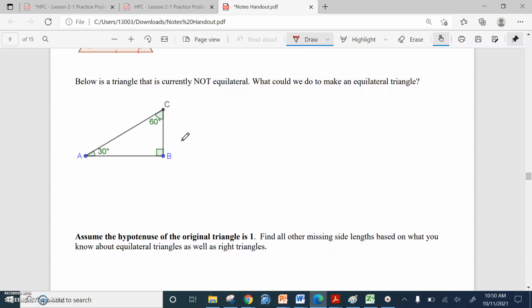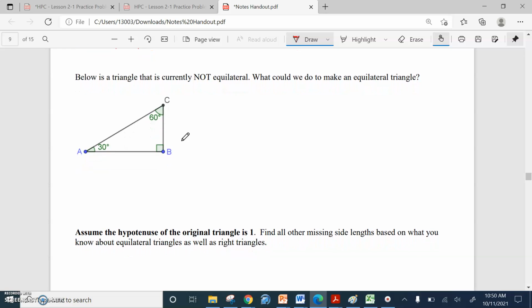Below is a triangle that is not equilateral. How do we make it equilateral? It's a very unique case. What we're going to do is simply extend down. Basically what we're doing is mirroring this across, so that we're duplicating it in a very particular way.